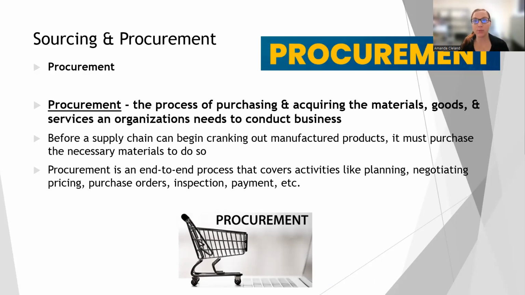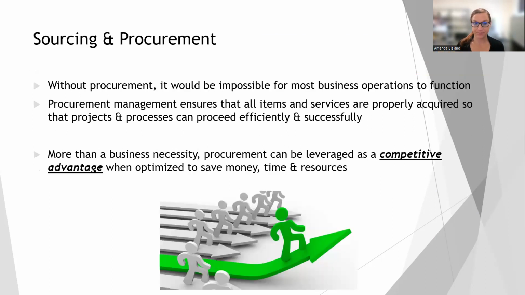Where are we going to buy? When are we going to buy? How much are we going to buy? Negotiating how much we need, maybe the pricing, maybe contract terms, placing purchase orders, doing inspections on incoming goods, and then payment to those suppliers. So it's that end-to-end process of everything that's involved. Without procurement, it would be impossible for businesses to function.